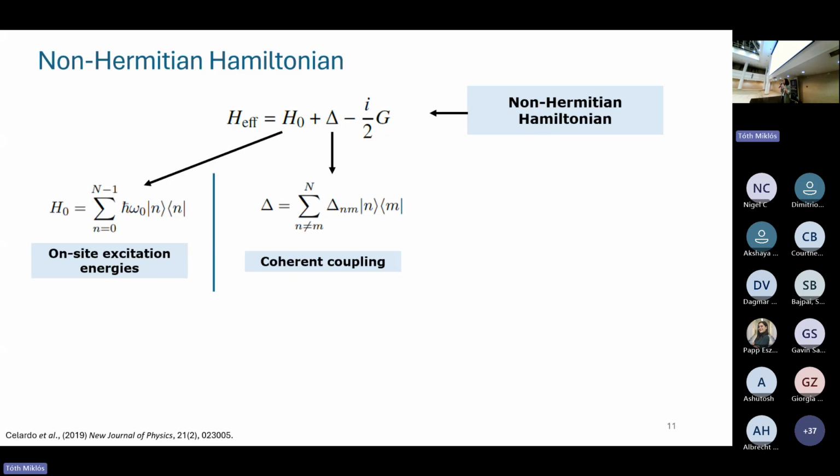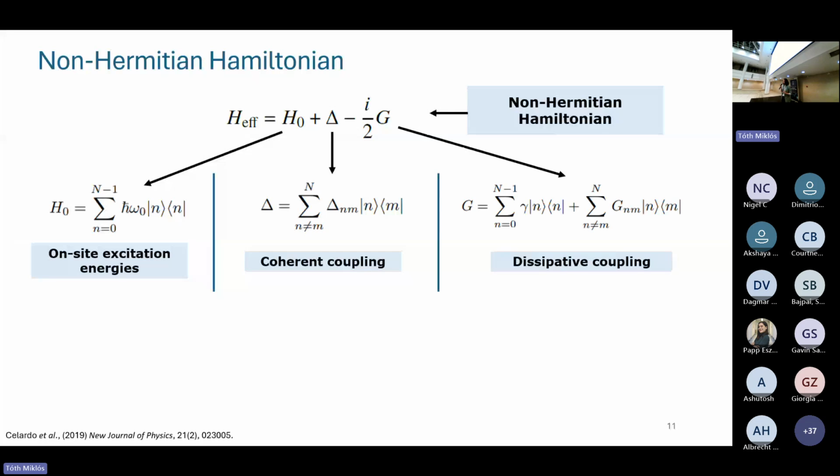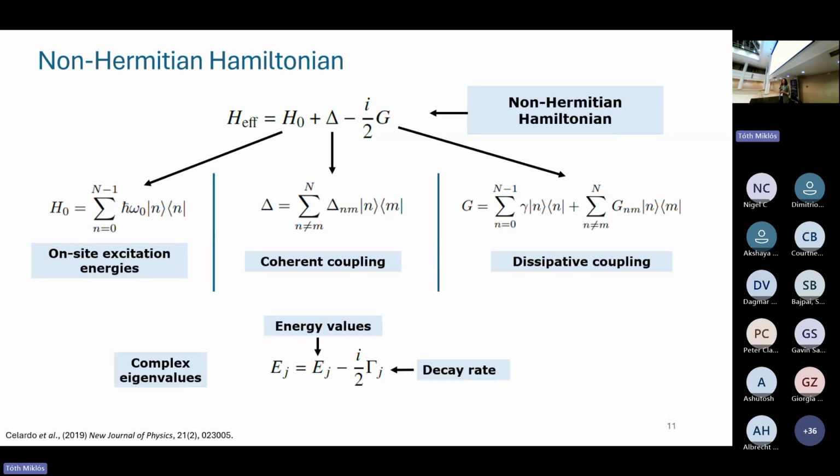Then you have the coupling, the interaction between these tryptophans. And you also have the dissipative coupling, which is the radiative decay of this full network of tryptophan together, how they radiate the electromagnetic field to the environment.